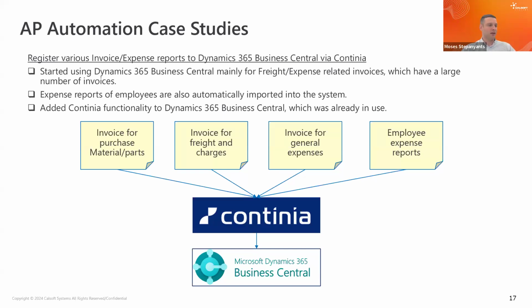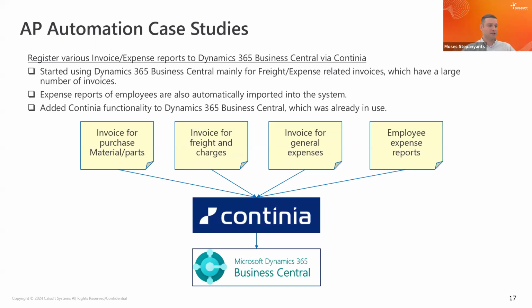They were looking for an AP automation solution that would help them eliminate a lot of manual data entry every time they received an invoice or some kind of expense report. We presented Continia to them, and they fell in love with it right away, and they really thought that it could help them eliminate a lot of that manual entry process that they had to do.